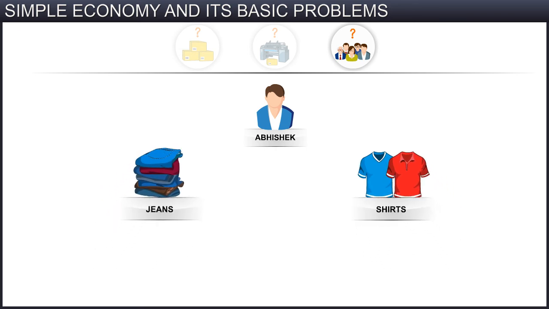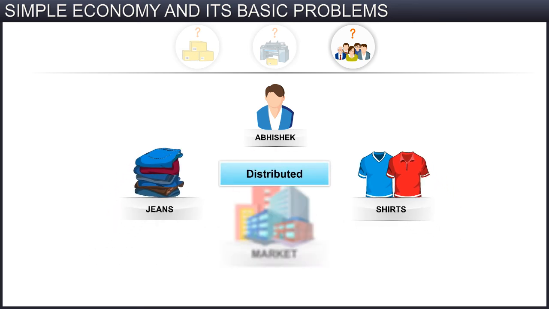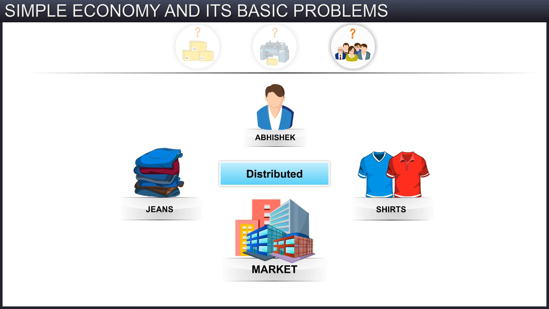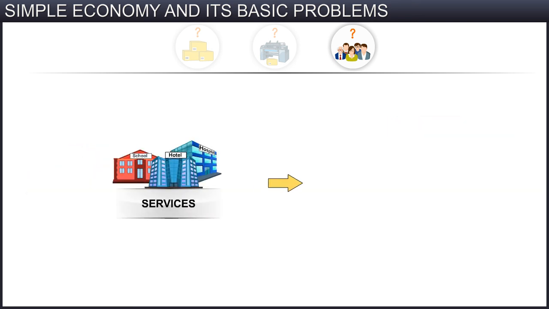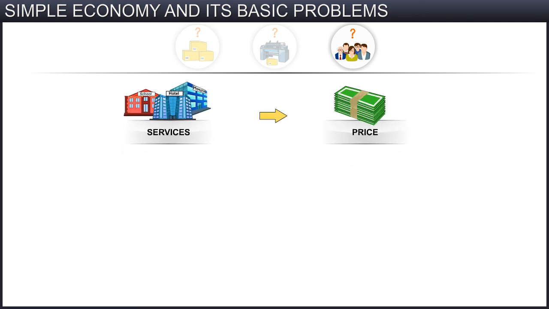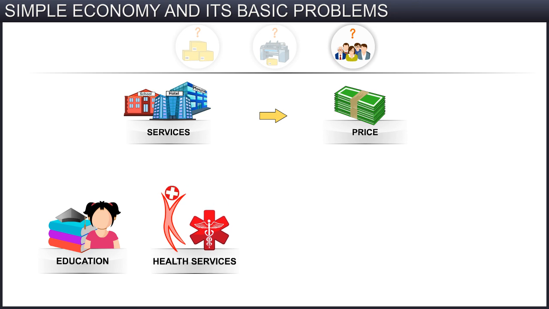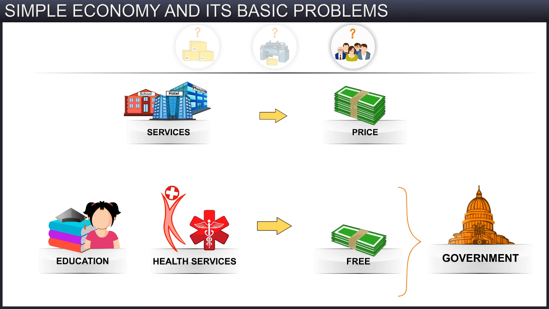These products should be distributed or sold in the market. In fact, the problem of how to distribute goods and to whom they should be distributed also arises. Some services will be distributed for a price, while others, such as elementary education, health services, and so forth, are distributed for free by the government, for example.